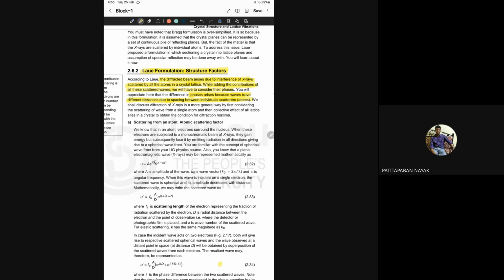So here we shall discuss the diffraction of X-rays in a more general way by first considering the scattering of waves from a single atom, and then the collective effect of all lattice sites in a crystal to obtain the condition of diffraction maximum. So what exactly is it telling you?